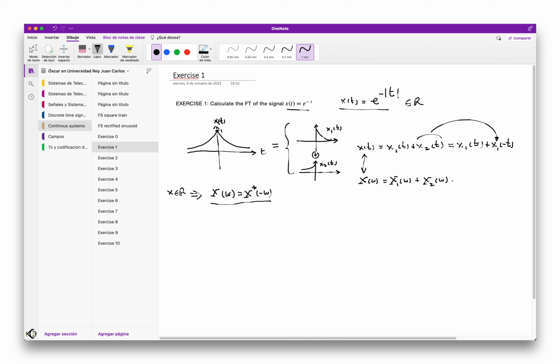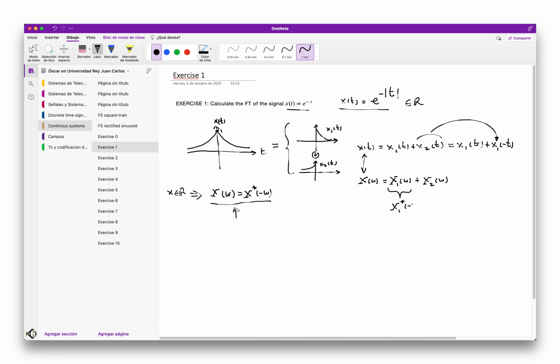If this is the case, then X1 of omega verifies this property, so it is the same as X1 conjugated of minus omega.